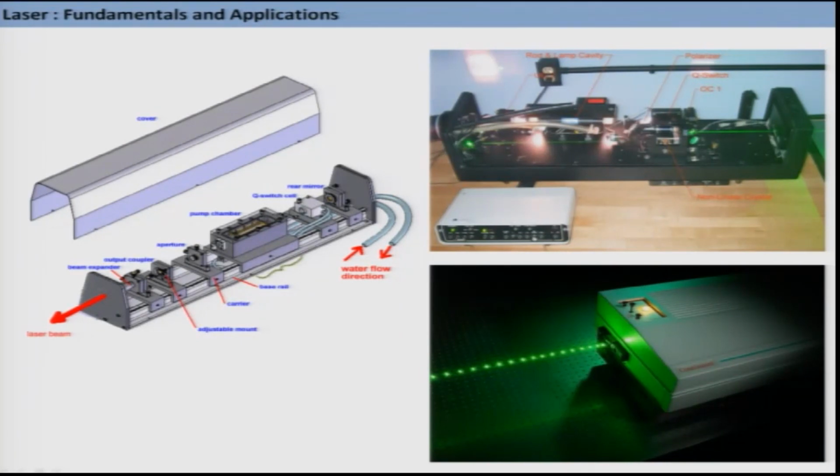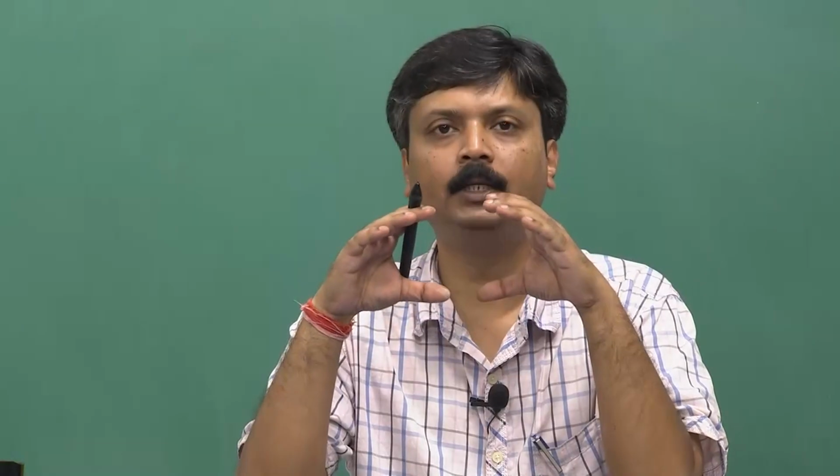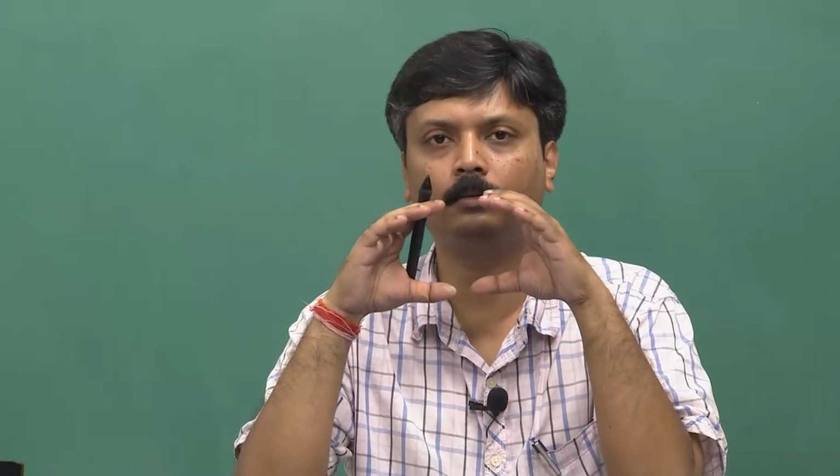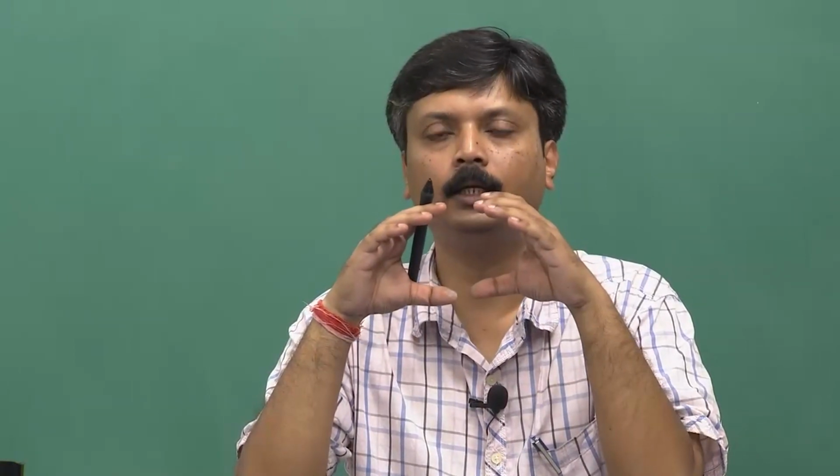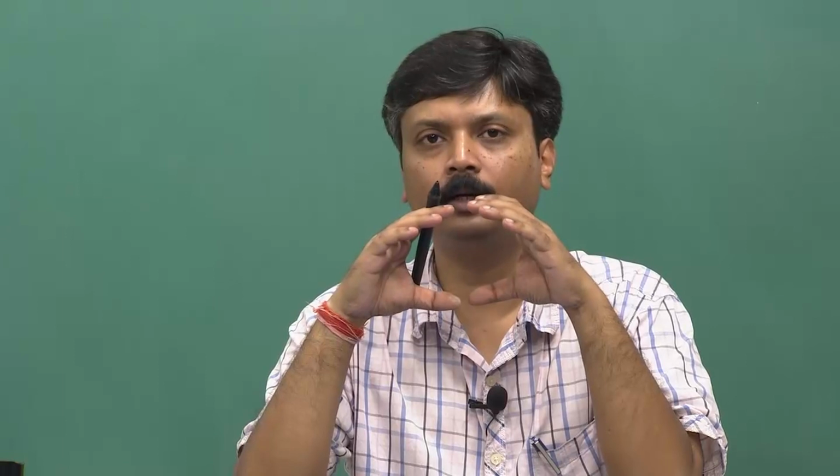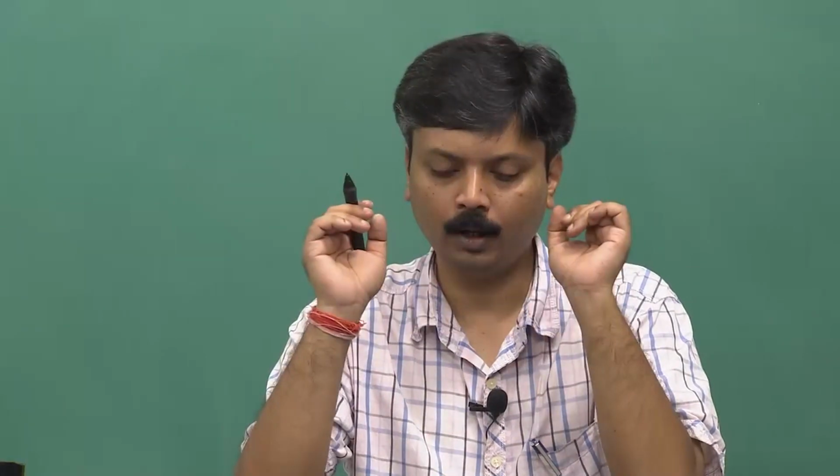This part is the heart of the system, where you have the Nd:YAG crystal and the flash lamp kept. Here also the same technique is used, that is, you wrap this flash lamp and the Nd:YAG crystal in an elliptical reflector tube.